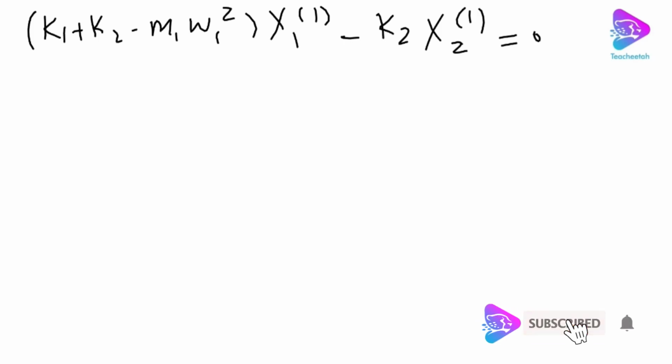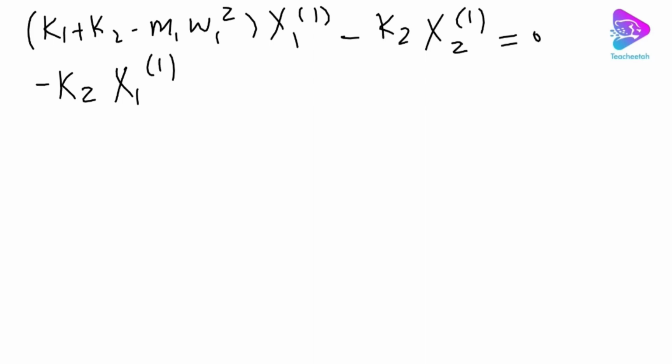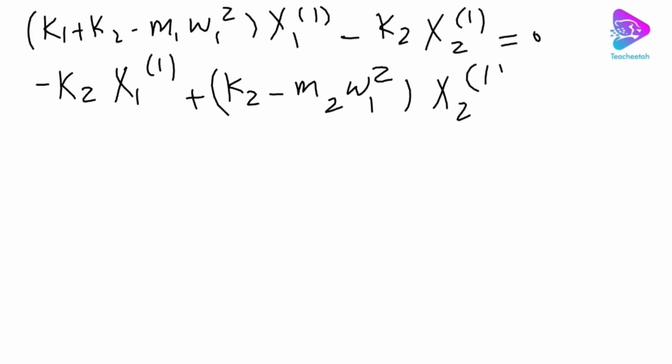And then we expand that matrix multiplication, and we have minus k2 x11 plus k2 minus m2 omega 1 squared, because we are using the first mode shape, times x21 equal to 0, right?